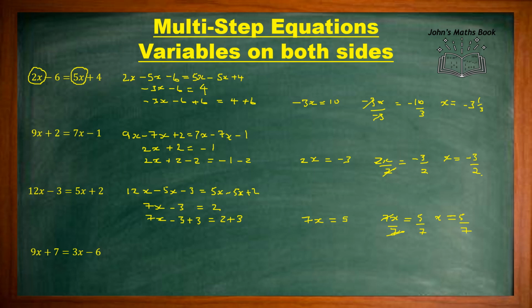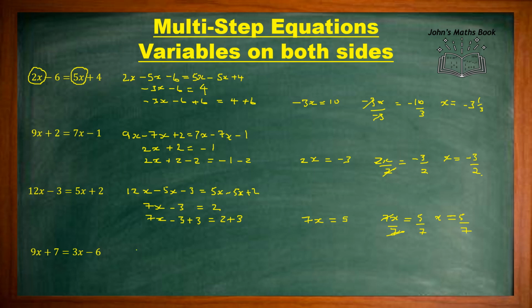And for our final example, we have 9x plus 7 is equal to 3x minus 6. Let's isolate the x variable on the left-hand side of the equation again. To do that, we need to subtract 3x from both sides.